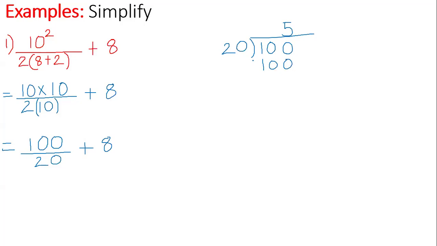So when we do 100 divided by 20, that's gonna be 5. 5 plus 8. What is 5 plus 8? 13.